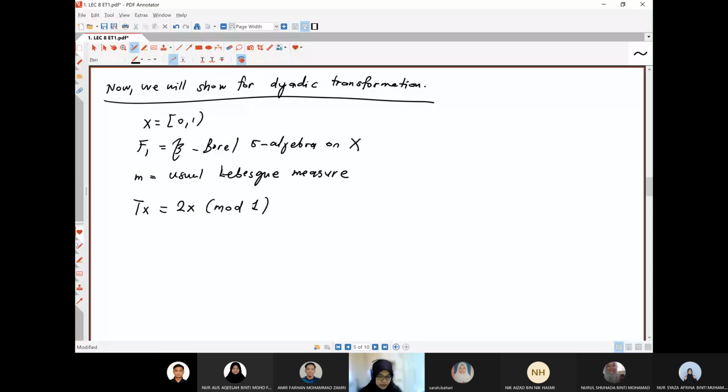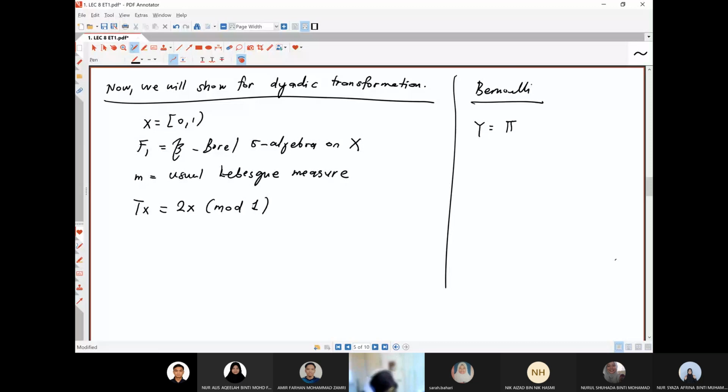The second transformation I will show is Bernoulli. For Bernoulli, you will have this partition function. Why? Because you need to have two probability measure spaces, right? So X is for dyadic, Y is for Bernoulli.